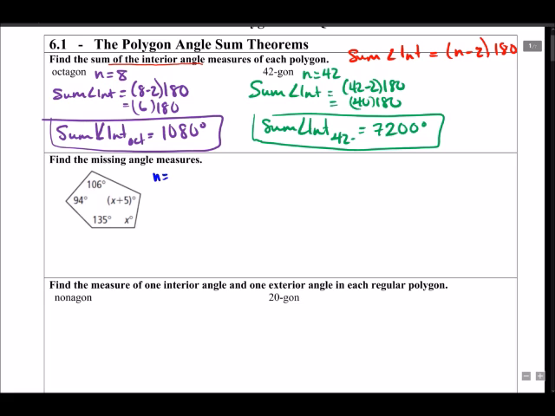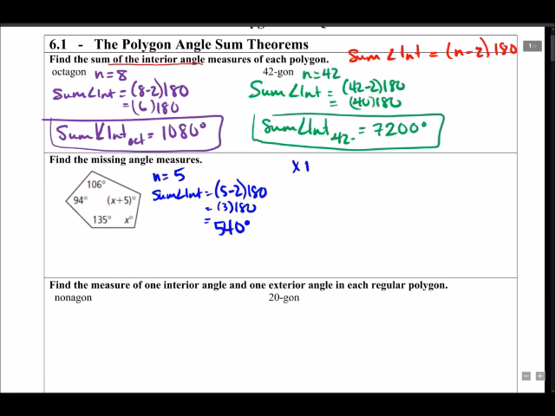So we know that n equals 5, and the sum of the interior angles is 5 minus 2 times 180, which is just 3 times 180, which is just 540. And if you know your figures, you know that that's true for every pentagon. So now we can just do the problem like we would any other sum theorem.